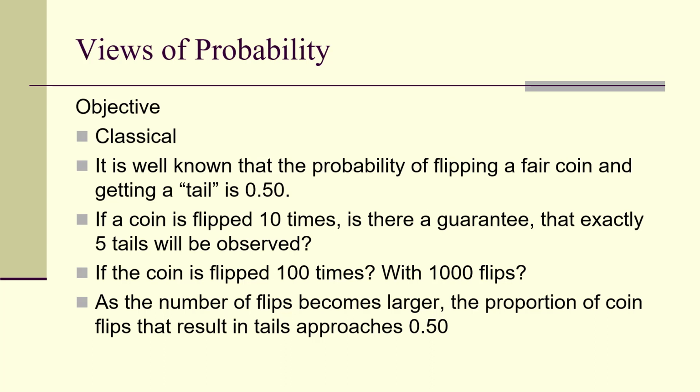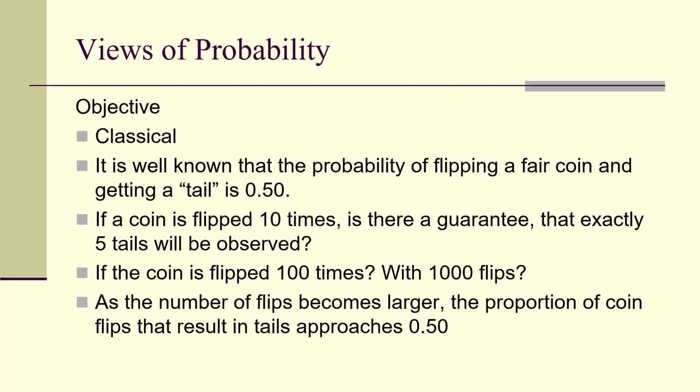The objective view sees probability as an objective phenomenon derived from an objective process. It is known that the probability of flipping a fair coin and getting a tail is 0.5.